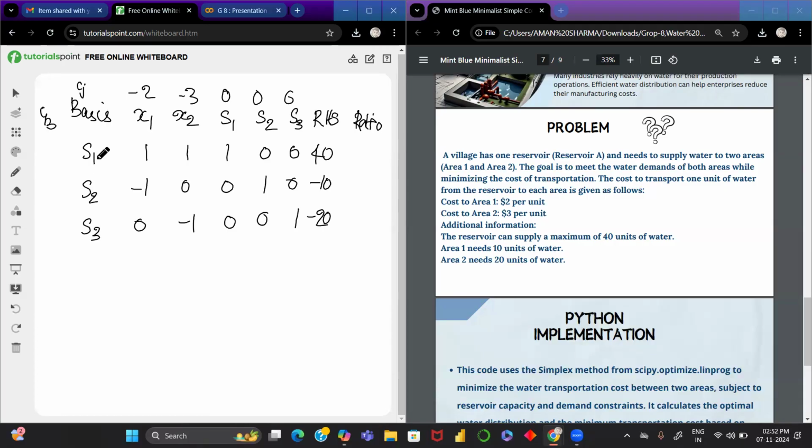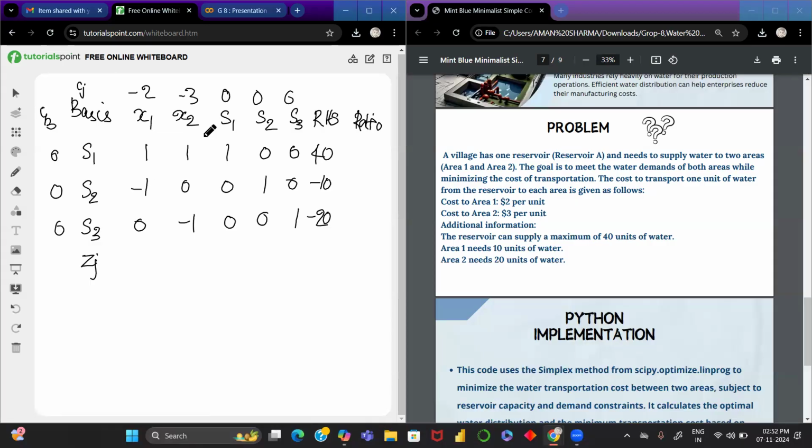Cb will be the coefficients of the basis, that is 0. And now we have to find the Zj. Zj is the sum of the products of Cb with the corresponding variables x1, x2, s1, s2, and s3.